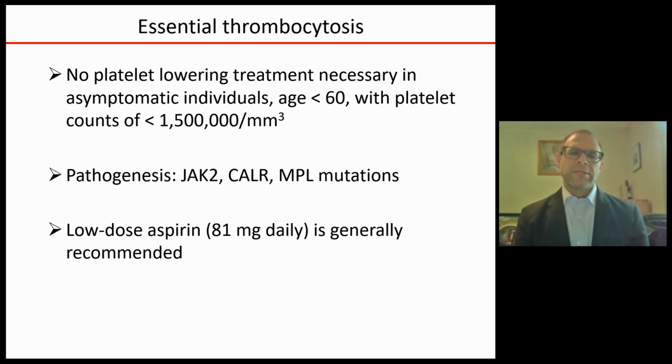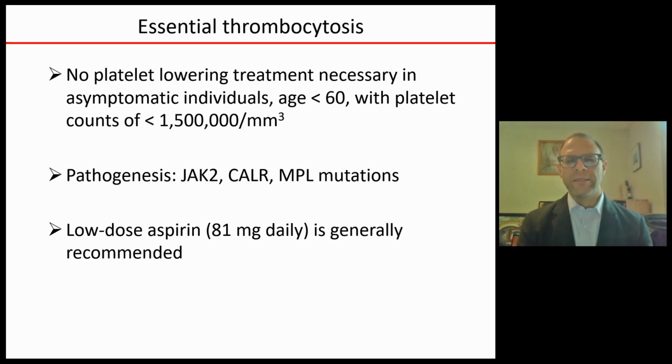The causes of essential thrombocythemia are mostly known. About half of the cases are caused by a JAK2 mutation, which is the cause of virtually all cases of polycythemia vera. But also a third of cases of ET are caused by mutation in calreticulin, CalR, and MPL.